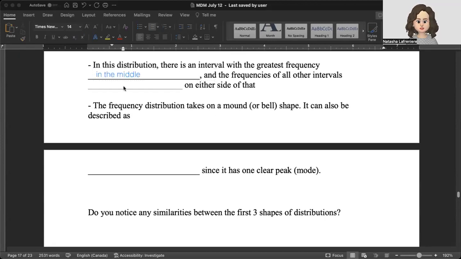And the frequencies of all other intervals decrease on either side. The frequency distribution takes on a mound or a bell shape. It can also be described as unimodal, since it has one clear peak or mode. Okay, so I'm clearing this.